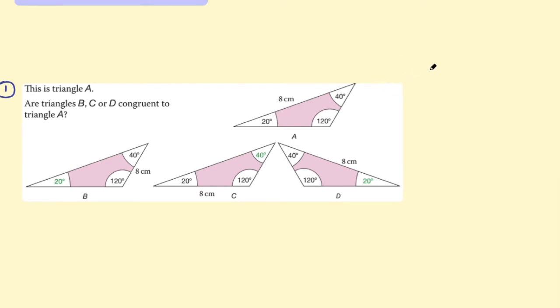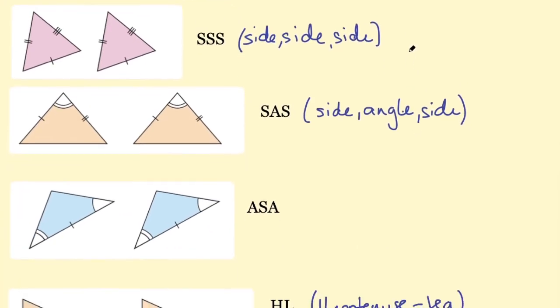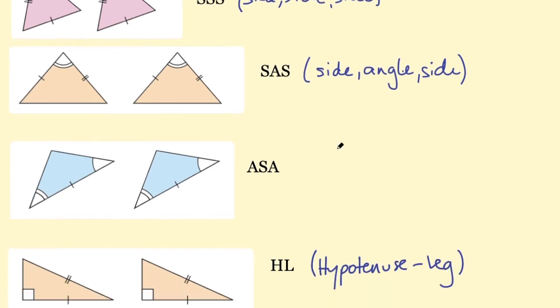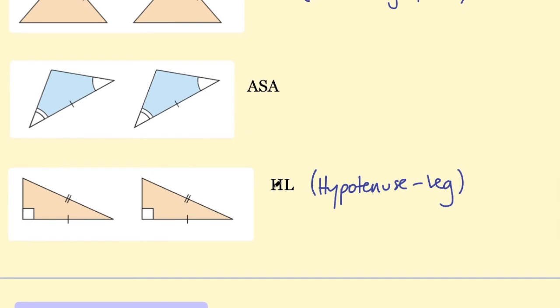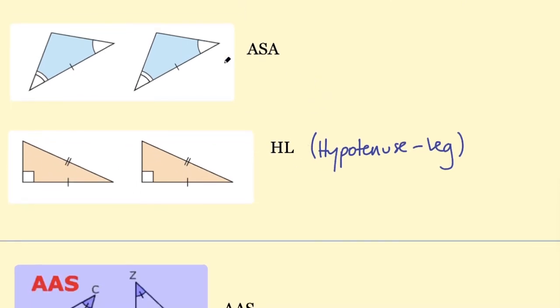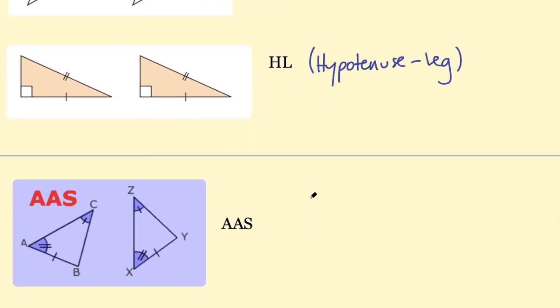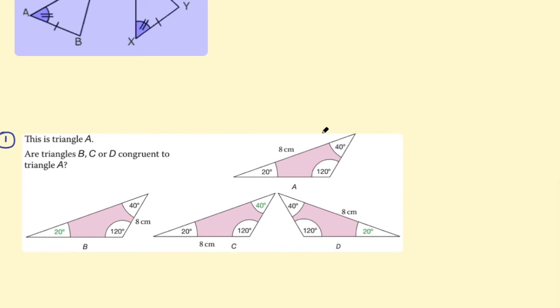Now already I can eliminate some tests because I only know 3 angles and 1 side. So that means that I can eliminate the side, side, side test, and I can eliminate the side, angle, side test, and I can eliminate the hypotenuse leg test because it's not a right angle triangle. So the 2 tests I might want to use is angle, side, angle, or angle, angle, side. So let's have a look.